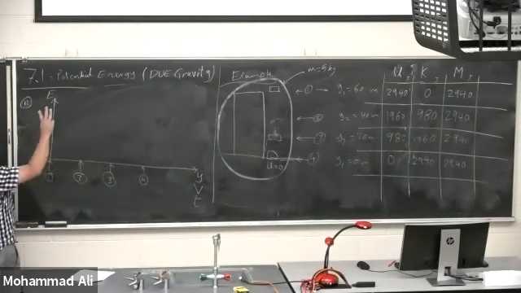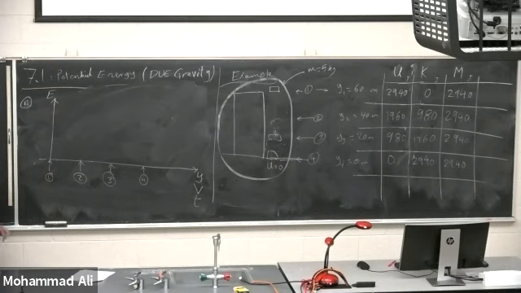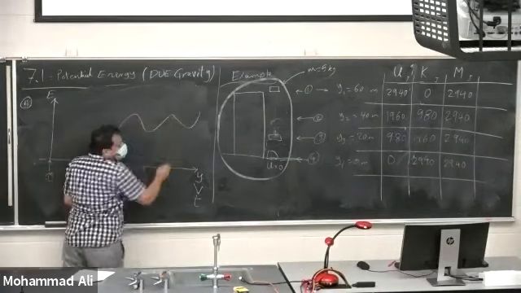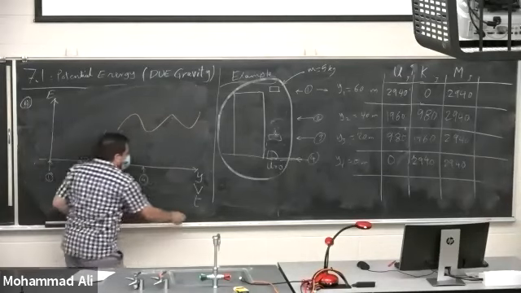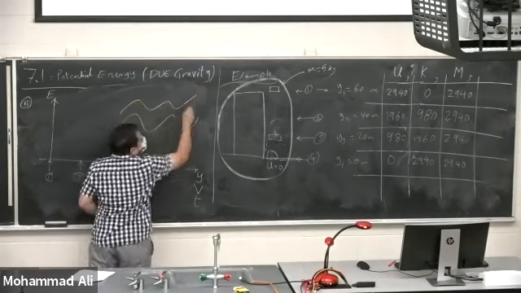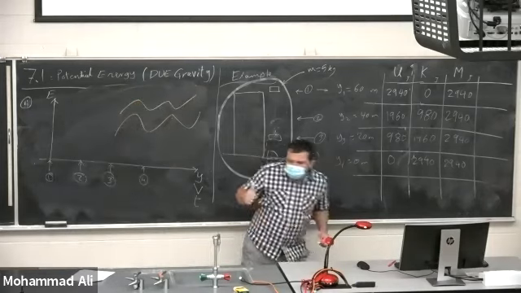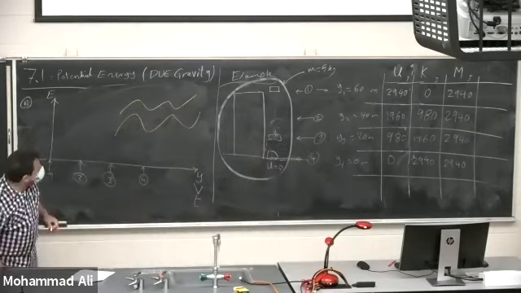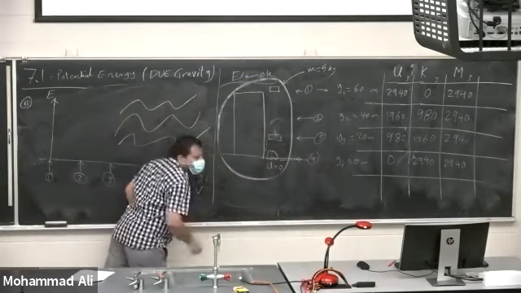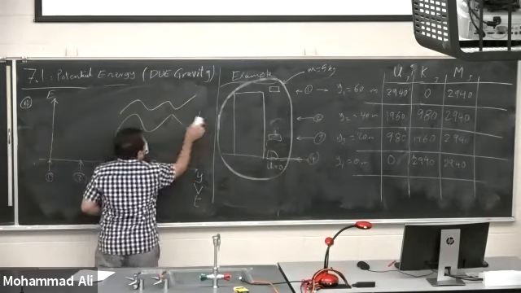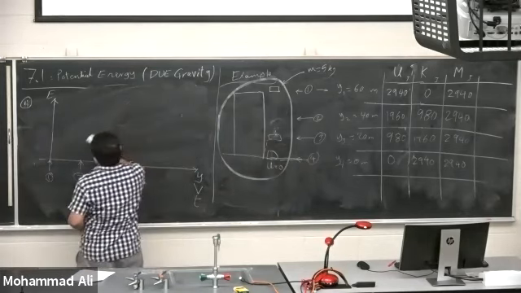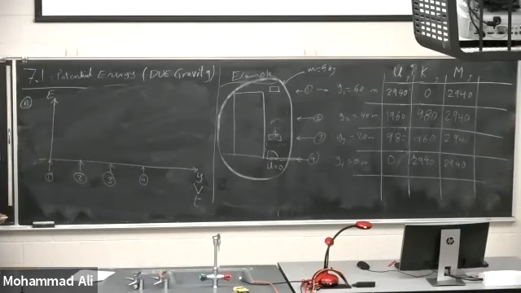The energy, we have 3 kinds of energy. You can see that. We have 3 colors, orange and yellow and green.